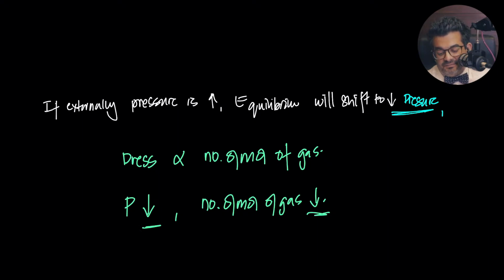All right? So now, for example, I'm going to give you the little diagram right now. If you remember, there was an equilibrium between nitrogen and hydrogen to make ammonia. Let me show that to you.